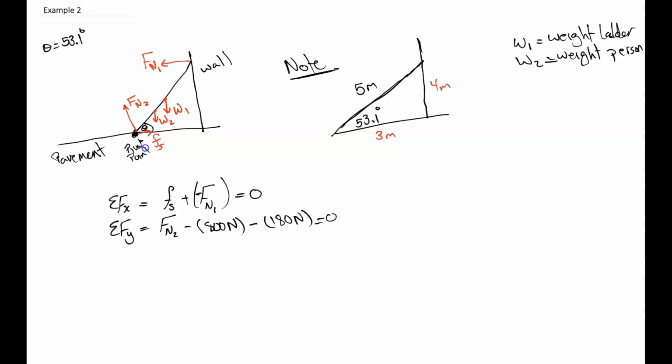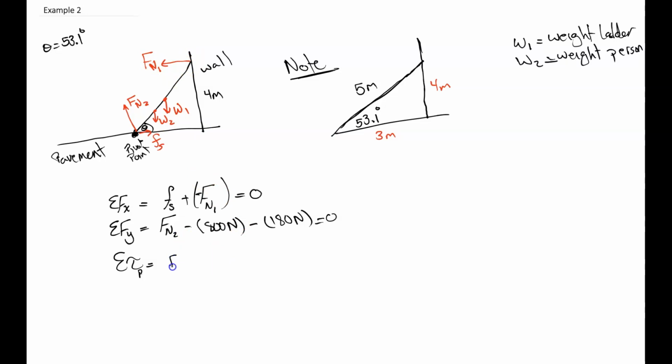Then we can say that the sum of the torques around the pivot point, let's call that point P, is going to lead us to, notice that there's a length of 4 meters from the bottom to F sub n1.